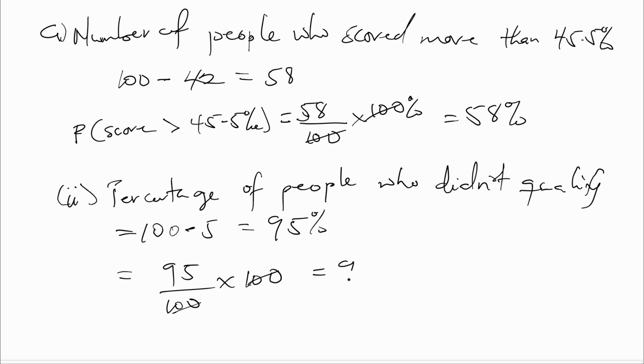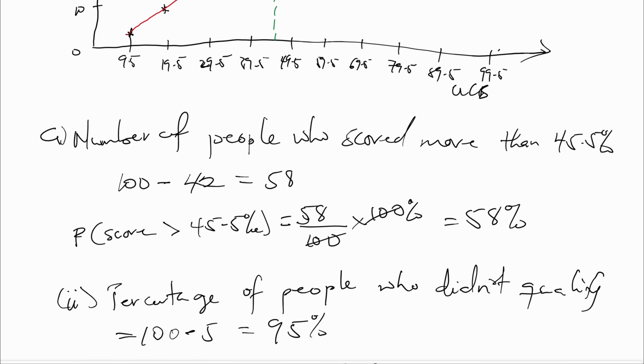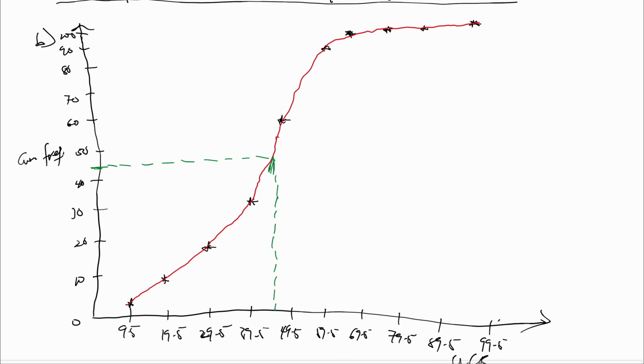So we have 95. So on our graph, we locate the frequency of 95. That should be somewhere here. So we find the mark for the 95th person, and to find that, we draw a line from the point of intersection to the x-axis.